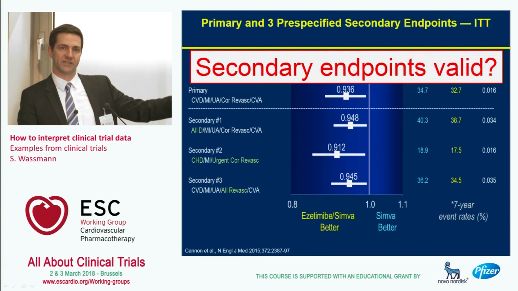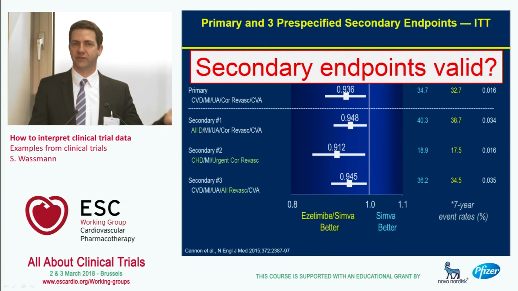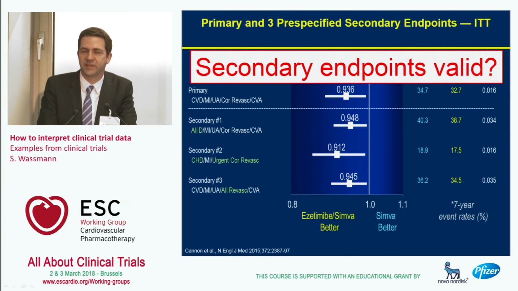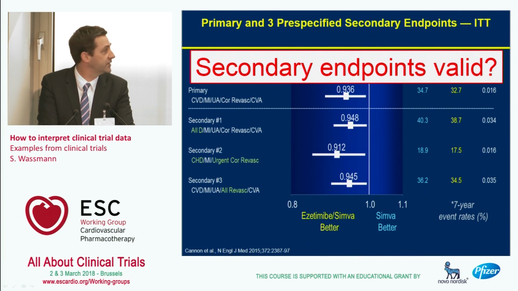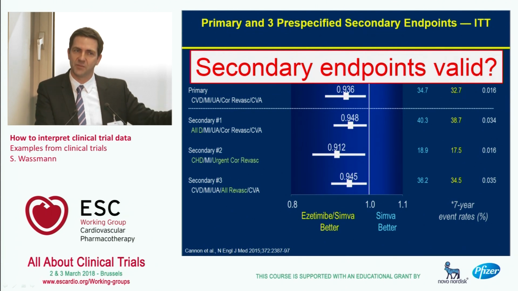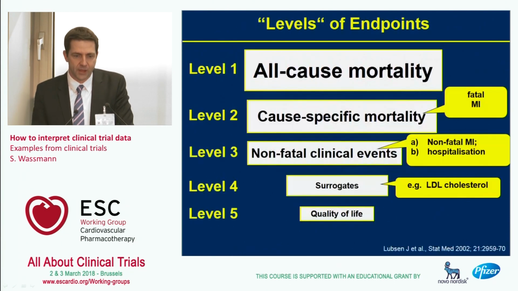Then we're allowed to test further for secondary endpoints. If they are significantly reduced, that's valid. But keep in mind, when the primary endpoint has not been reached, when it's not statistically significantly different, then it doesn't really matter what is beyond that. That's hypothesis generating. Okay? All right.